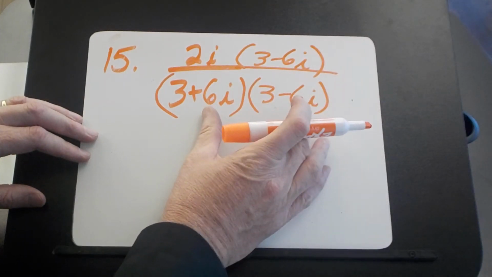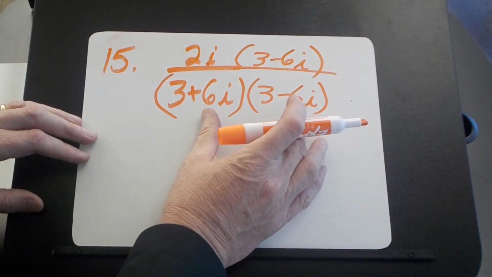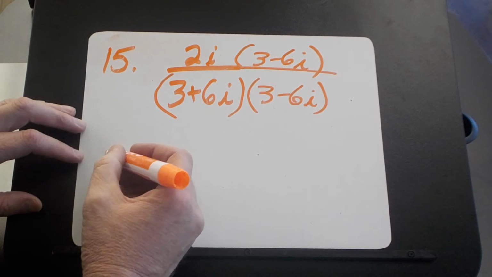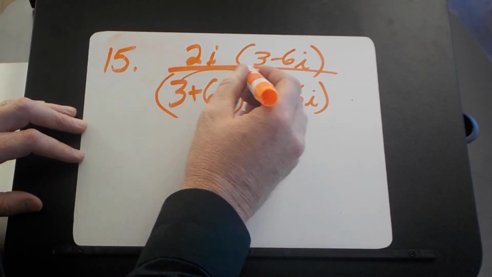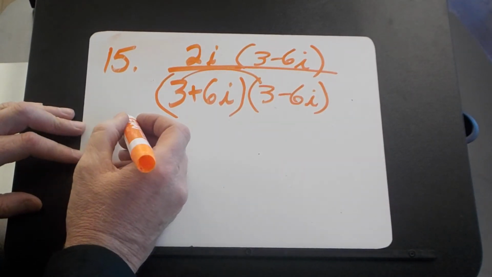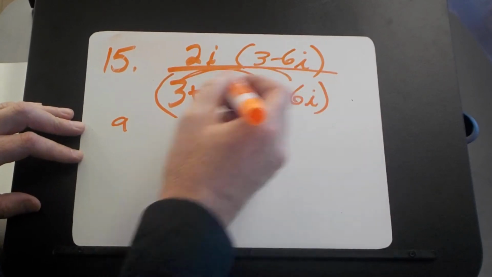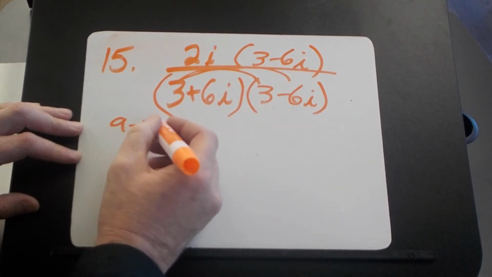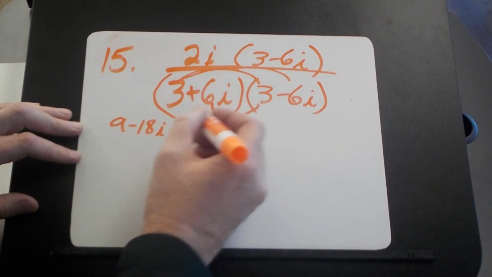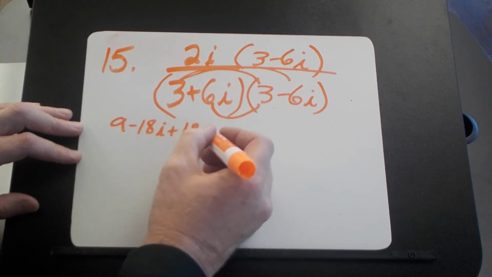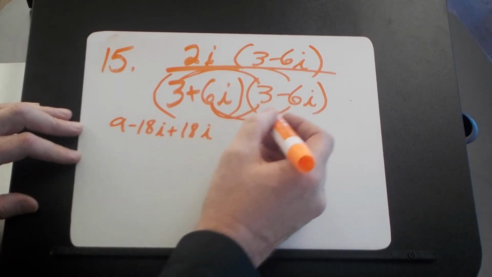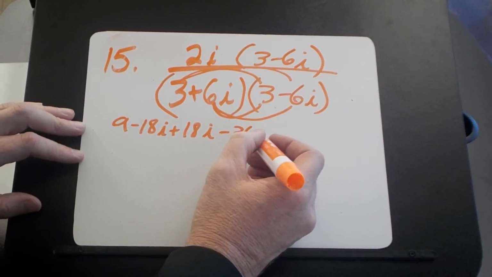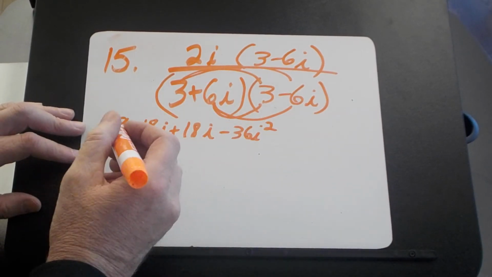This will get rid of the i in the denominator. I'm going to do the denominator first. 3 times 3 is 9. 3 times negative 6i is negative 18i. 6i times 3 is positive 18i. And 6i times negative 6i is negative 36i squared.